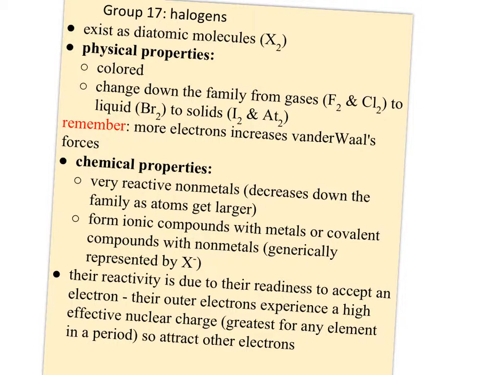And they're generically represented with an X⁻ to show their -1 oxidation state. Their reactivity is due to their readiness to accept an electron because their outer electrons have a high effective nuclear charge, the greatest for any element in a period. And so that high effective nuclear charge of +7 plus their small size is going to give them a strong ability to attract other electrons.